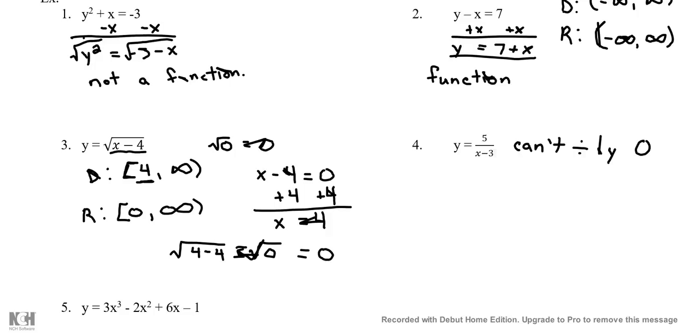So what I have to do is take what is on the bottom of my fraction, set it equal to 0, so I know what x cannot be. So if I add 3 to both sides here, I find that if I had an x value of 3 and tried to plug it in here, I would get a 0 on the bottom of this fraction. I would have 5 over 0.